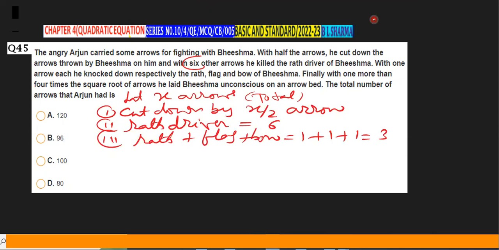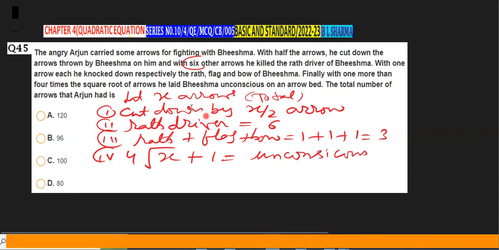And fourth, finally with one more than 4 times the square root, देखिए ये x था और स्क्वायर रूट, जो टोटल है इसका ये है और 4 times और इससे एक ज्यादा, laid down the भीष्म unconscious.